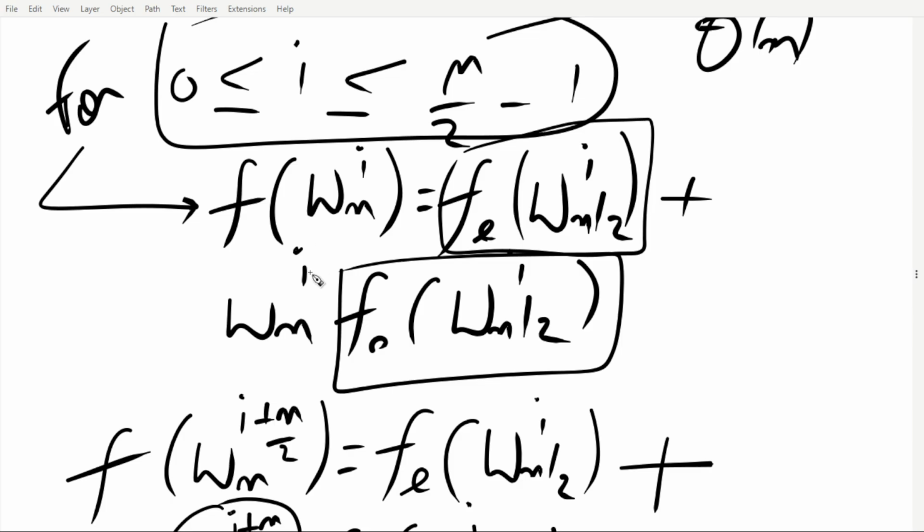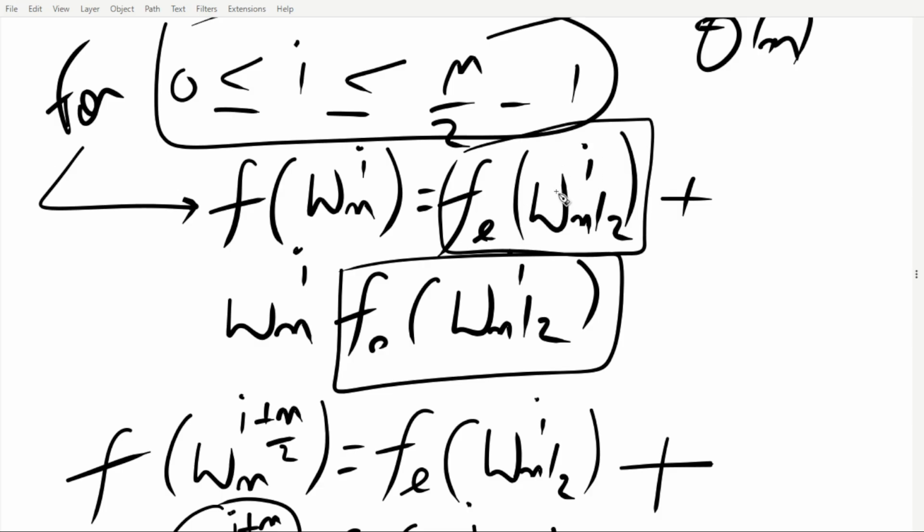So when n is 2, n by 2 minus 1 is actually 0. So only i equal to 0. I equal to 0 means we compute the first half as f of omega n to the power 0, computed as fe of omega n by 2 to the power 0.